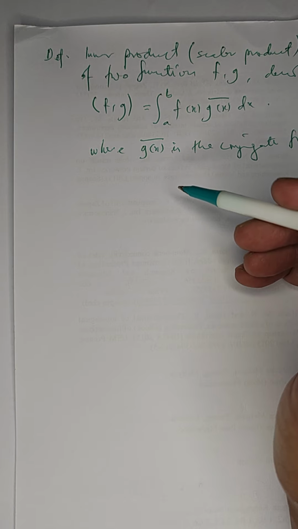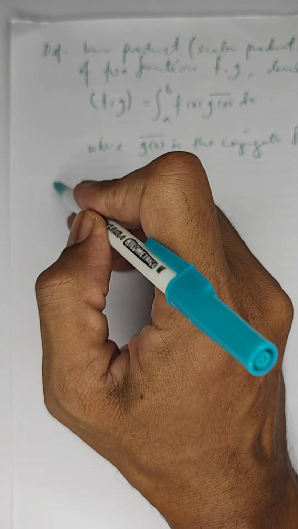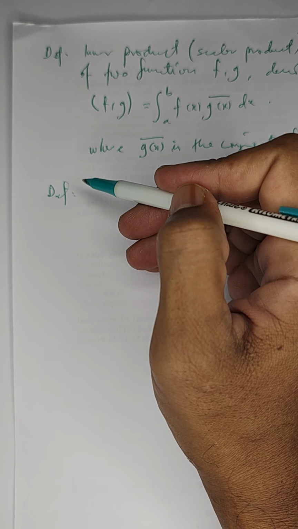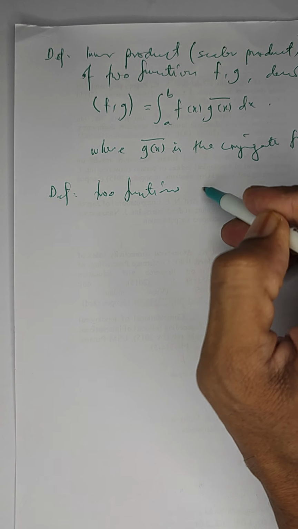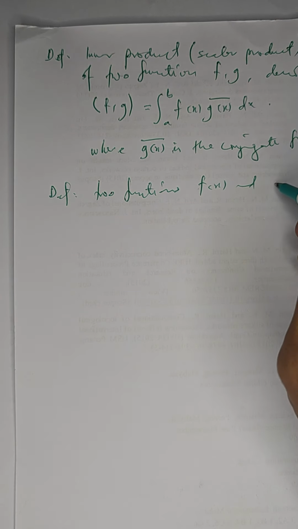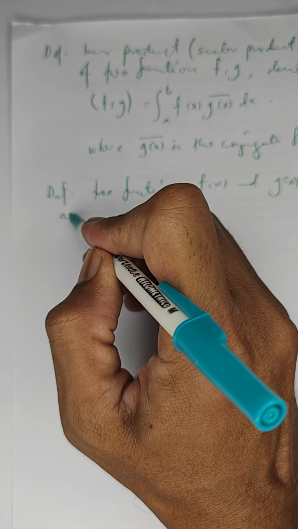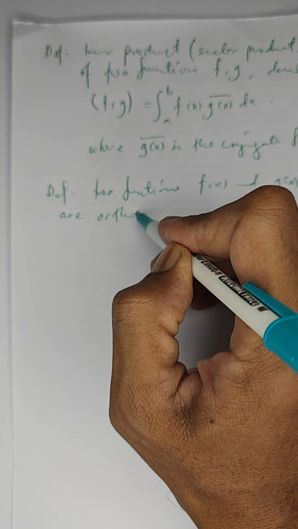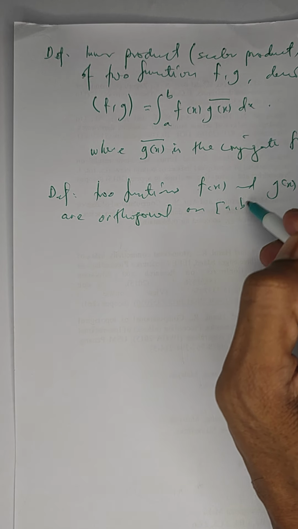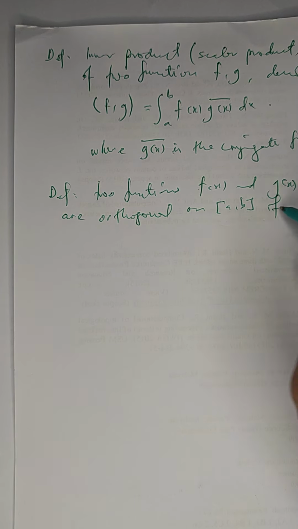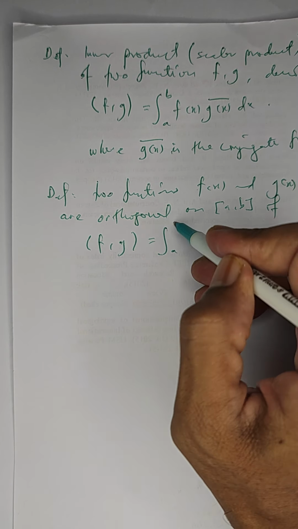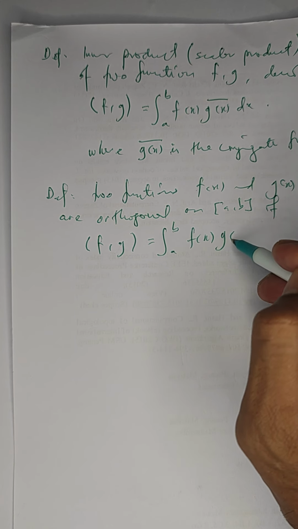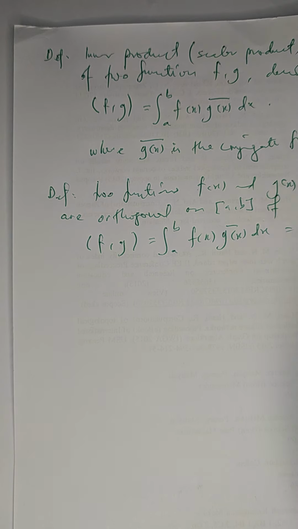Then next we look at orthogonal functions. Another definition: two functions f(x) and g(x) are orthogonal on interval AB if we take the inner product of f and g and that gives us 0, that is, the integral of f(x) g(x) bar dx is equal to 0.